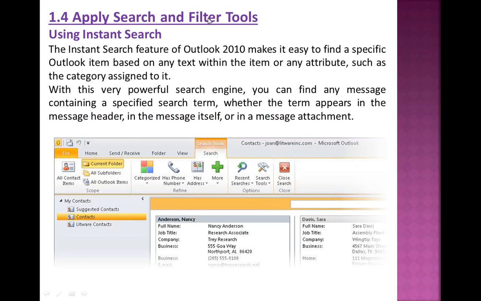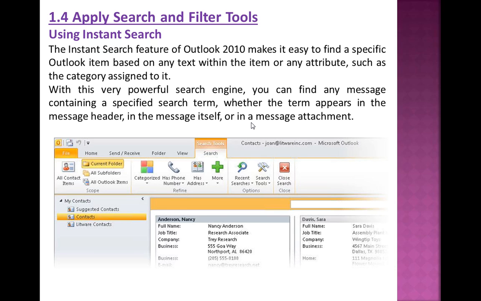Next is how to apply search and filter tools. There are multiple tools available for searching, and to apply the search and the filter tool that is available in Outlook 2010. This says the instant search feature of Outlook 2010 makes it easy to find a specific Outlook item based on any text within the item or any attribute such as the category assigned to it.